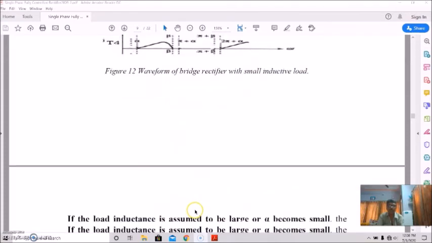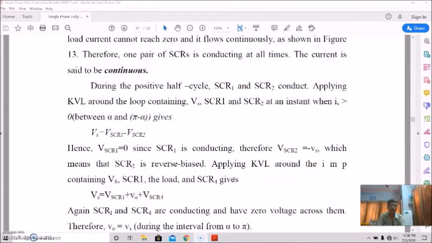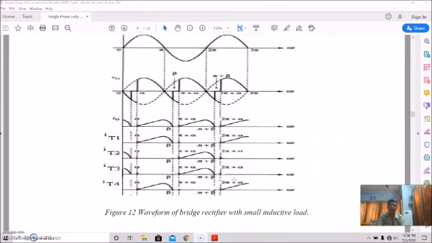That is written here. Okay, clear? Now SCR1 and 4 are conducting, so this voltage will be 0. So output voltage will be the source voltage, V output equal to Vs, during the interval alpha to pi, that is given here.